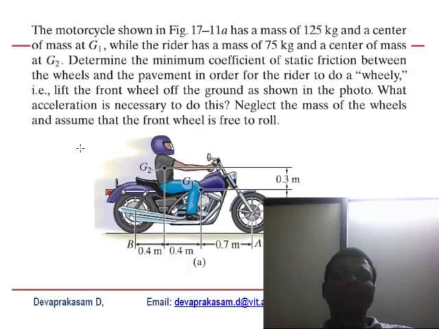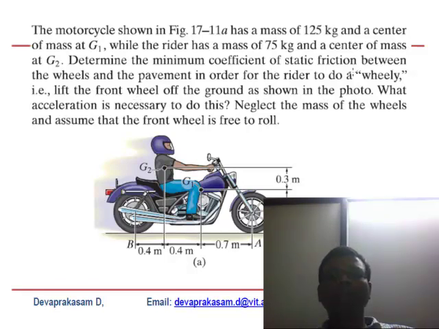So you have two different centers of mass, and their position vectors are given as A and B. Now you also have to apply the normal reaction and the weights at both centers of mass, which act in the negative direction.